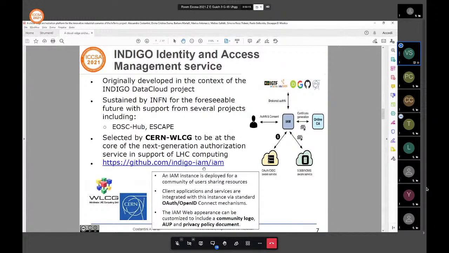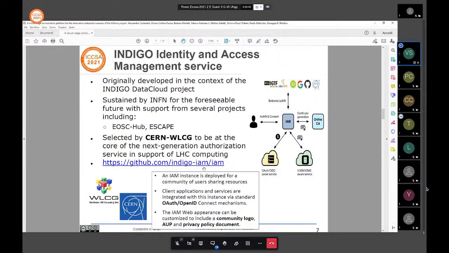So, first of all, the authentication part. As you probably know, the authentication part is the most interesting part because it tries to cover different technologies. And we use what is called the Indigo IAM. IAM stands for Identity Access Management service, which has been developed within the Indigo Data Cloud project, as you can see in the first slide.